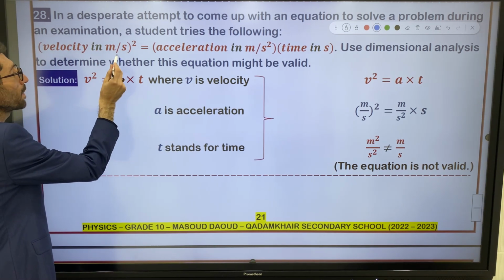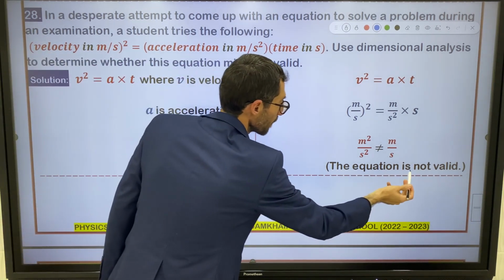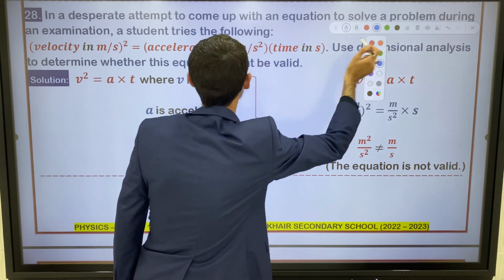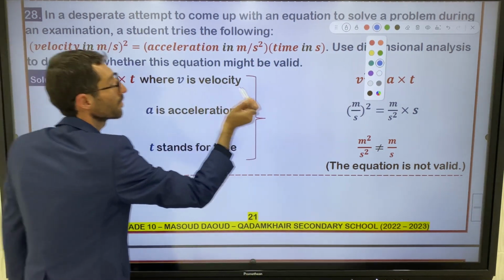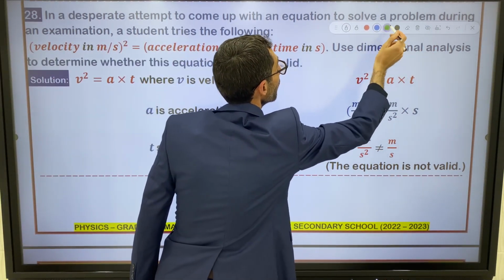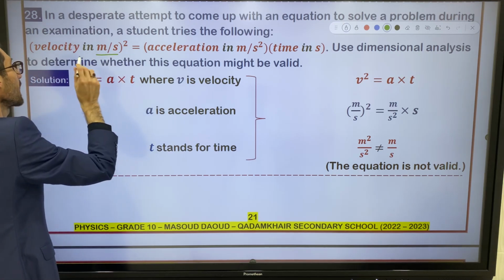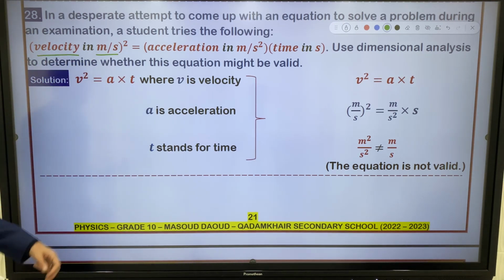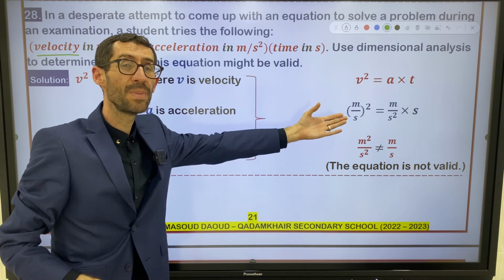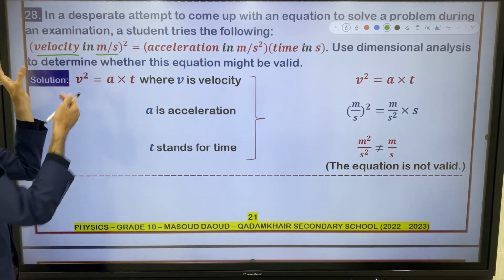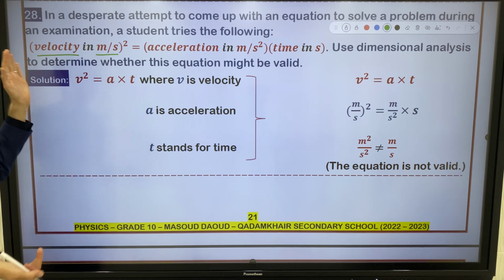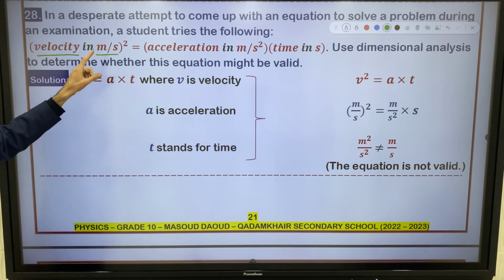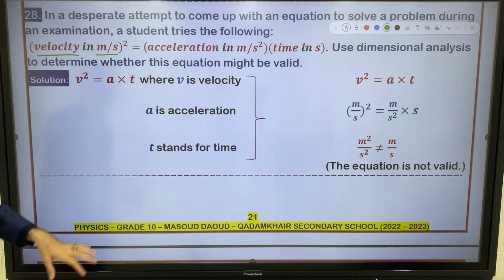Velocity is measured in meter per second. But why do we square it? Because in the original equation, we have a square in the left part. That's why we have to square meter per second.